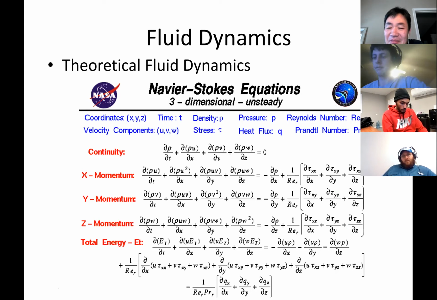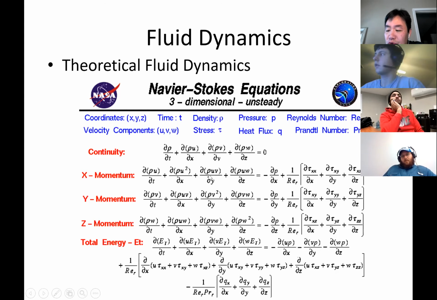In this class, undergraduate fluid mechanics, we will not even directly try to solve these equations. We basically use the solutions of them. For example, the Bernoulli equation is basically a solution. It's not really an equation; it's a solution from the Navier-Stokes equations.